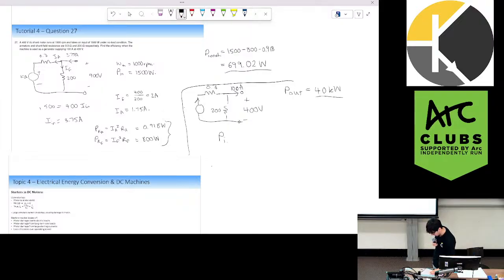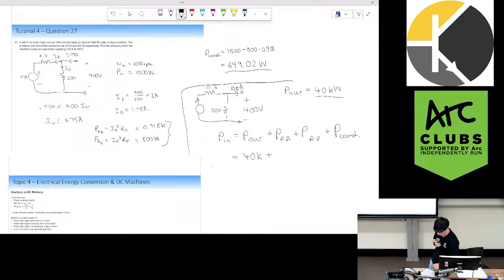So input power is going to be output power plus the loss across RA plus the loss across RF plus our constant losses that we have. So this will be 40k.